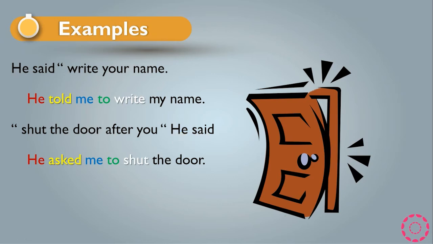If the speaker didn't say it to someone, for example, he said to Dana or Jack or Michael, then we write me as the object. So we say he asked me to shut the door. This is a reported request.